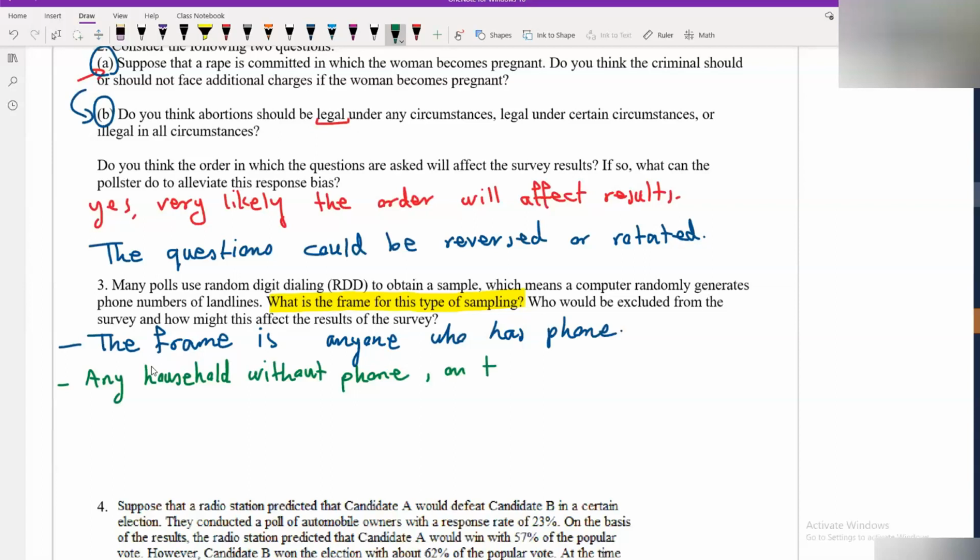So on do not call, they may have locked, for example, the number. Or homeless people, who don't have access to a phone. So all these are excluded.